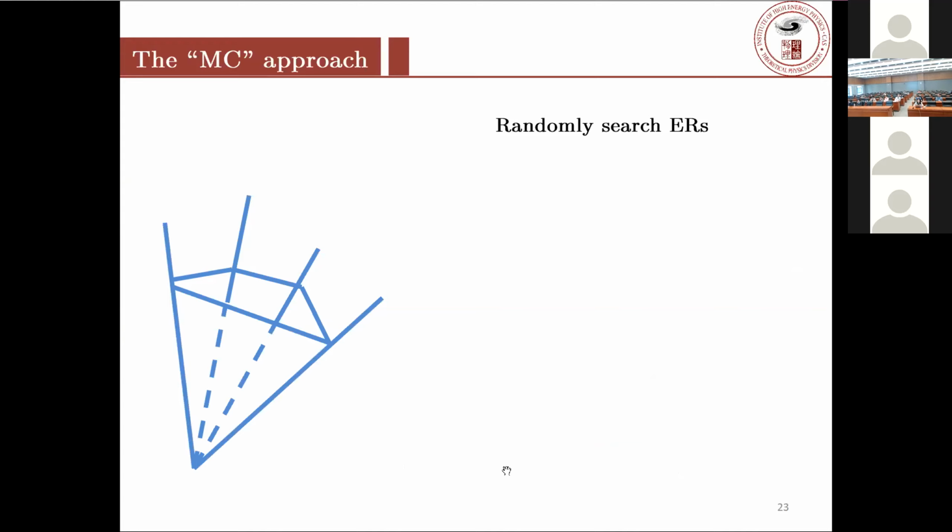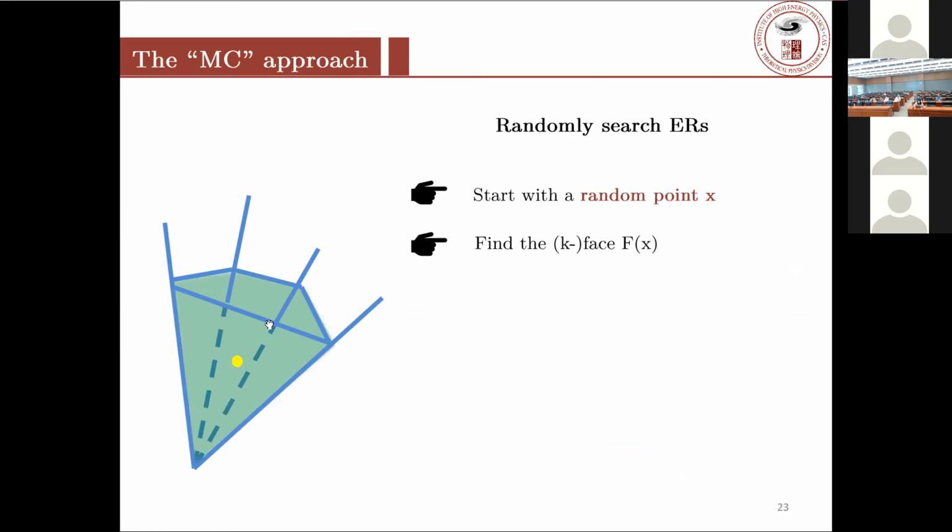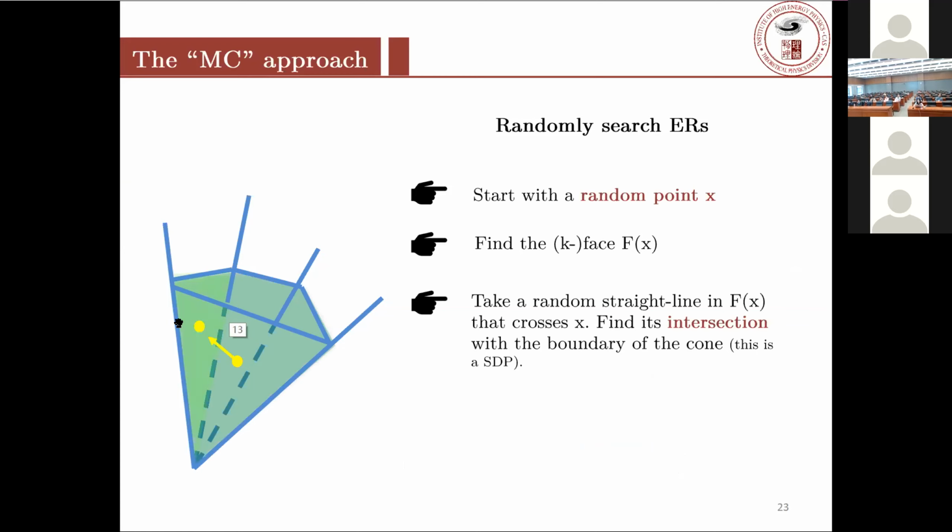The first is the Monte Carlo approach, by which you can randomly search for extreme rays in the spectral hadron. We can start with a random point X, and then we find its phase. Then we take a straight line across it and find the intersection with the cone.